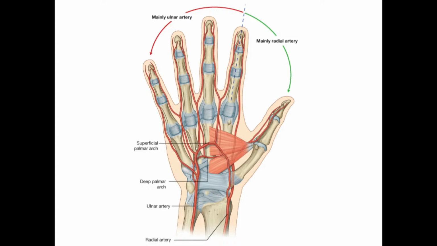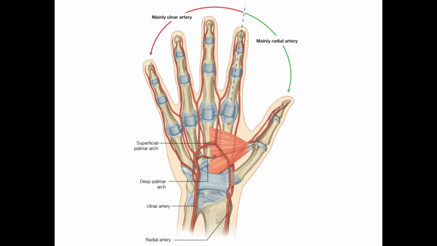And above the bones and above the muscles, we are having the superficial palmar arch, which was created by the ulnar artery and radial artery, right? And also we're having the deep palmar arch, which is beneath the muscles, and again this was created by the branches of the ulnar and radial arteries, right?